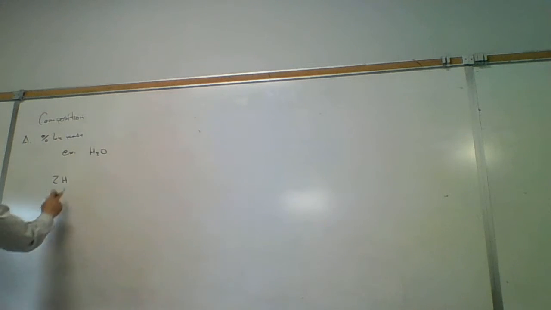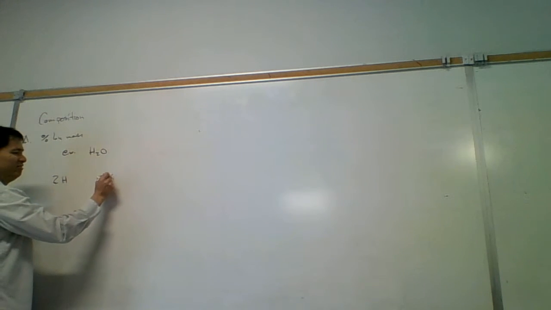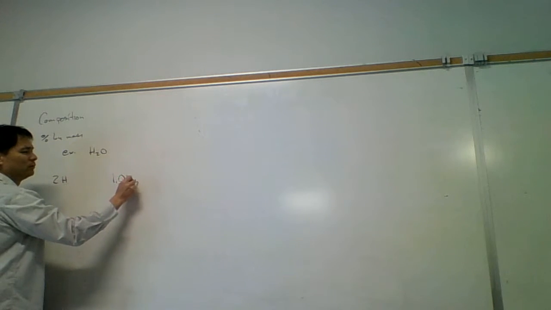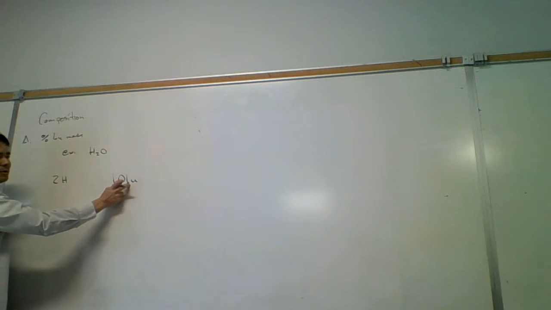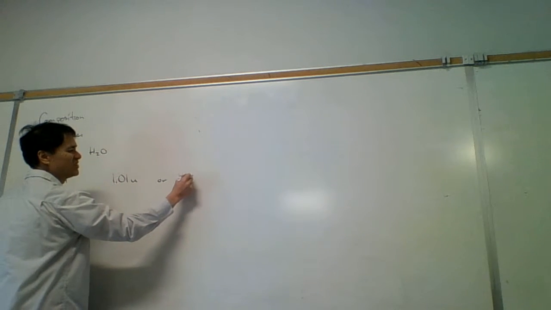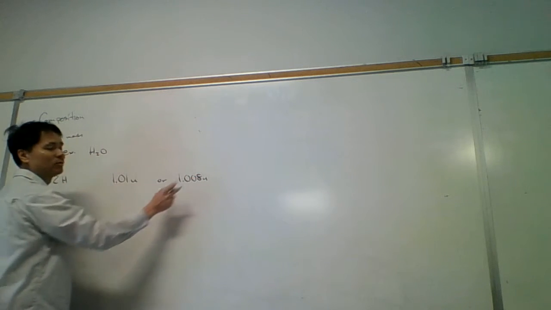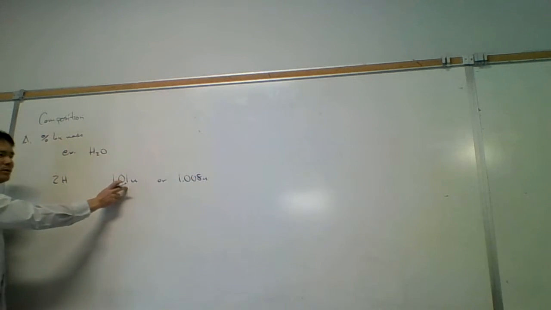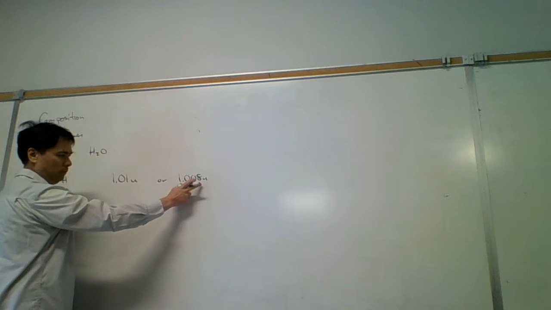And so the average hydrogen atom weighs 1.01 U. Let's do 2 decimal places here. Or 1.008 U. That would be to 3 decimal places. In other words, this is to 3 sig figs. This is to 4 sig figs.